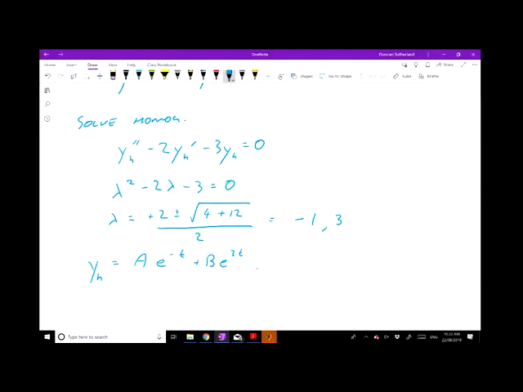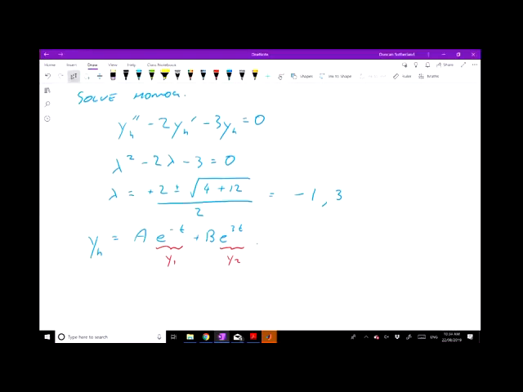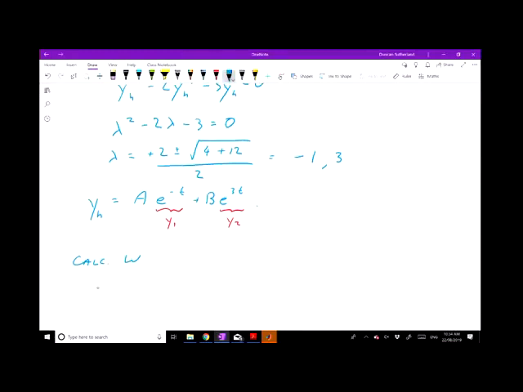Okay, so again we'd identify this as y1. That's just how I'm going to do it, and we're going to keep that consistent. So if we proceed with variation of parameters, we would calculate the Wronskian first.